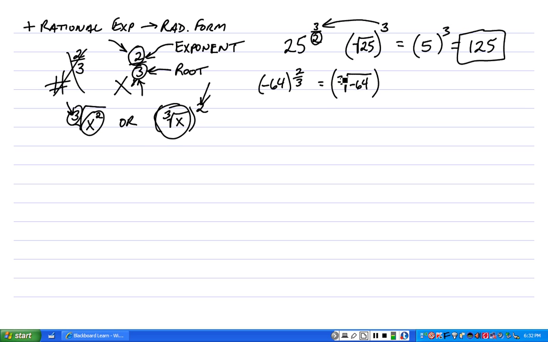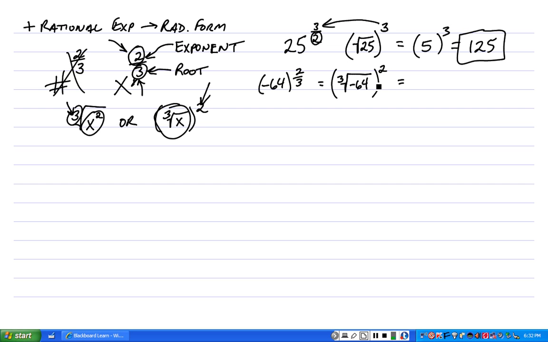We're taking the cube root, not the square root, so don't let the negative confuse you, because we can take the odd roots of negative numbers. It's the even roots of negative numbers where we get into a problem. So we don't take the square root of negative numbers, but we can take the cube root of a negative number. So we take the cube root of negative 64, then square the answer.